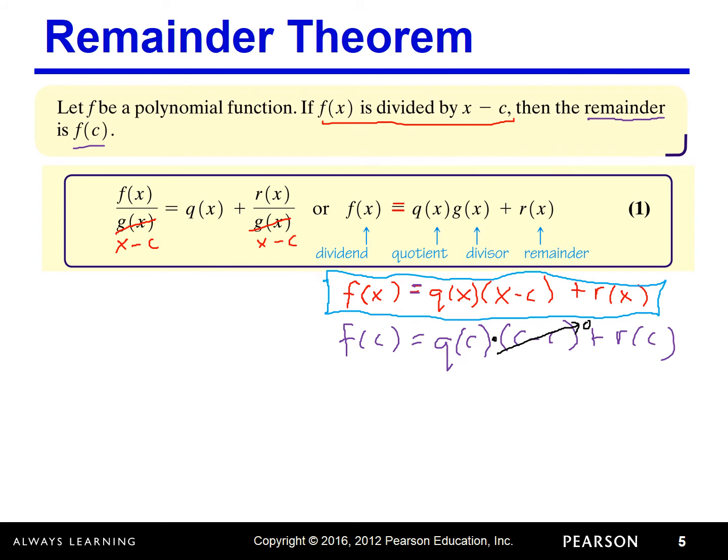It's multiplied by q of c, so all of that gets blown up. What we're left with is that the remainder is f of c. And that is the conclusion of the remainder theorem.